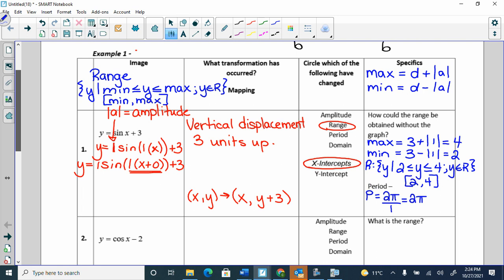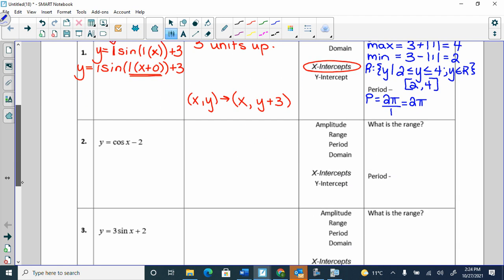So let's look at number 2. Cos graph. So type into your y1 cos x, type into your y2 cos x minus 2.